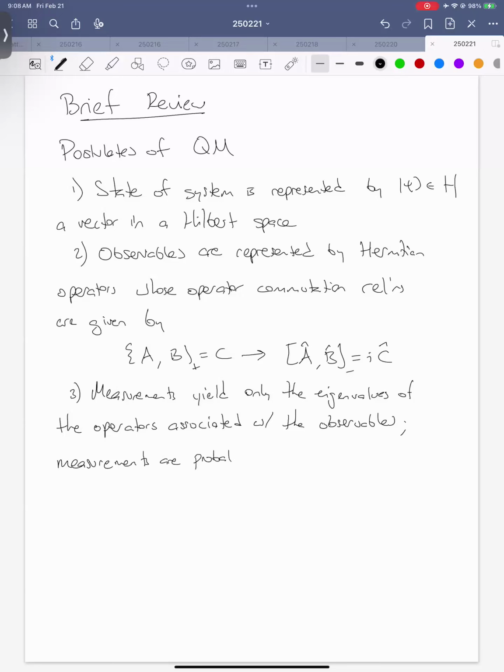Which is to say that the probability of measuring some eigenvalue omega, given that one is in a state psi, is proportional to the modulus squared of the overlap of omega with psi. And then once a measurement is made, the state collapses.